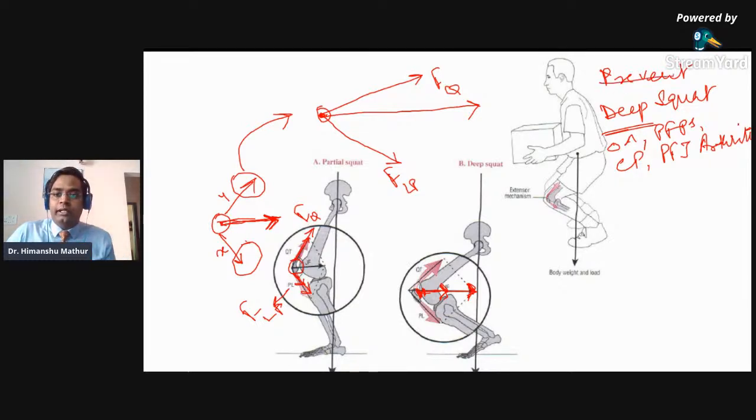Okay, not prevent, I'll write avoid deep squat. Okay, try to avoid deep squat. All right, deep squat is of no use whenever you are rehabilitating any degenerative disorders. Okay, it can be used in athletic population, and in strength training of athletic individuals you can use body weight for that.